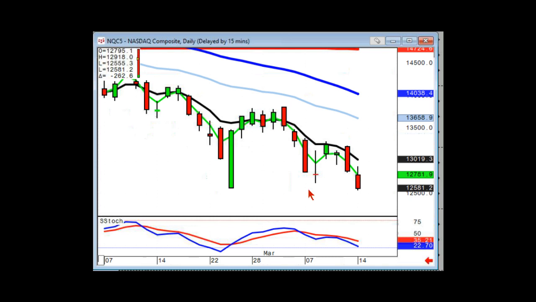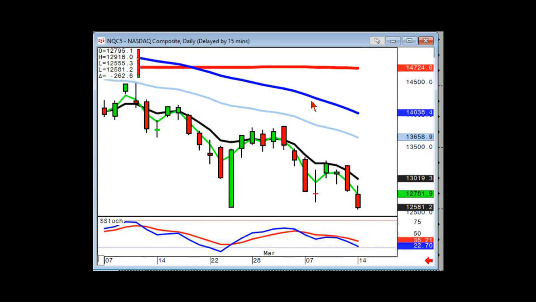It might have to reload to get a better color coming in. So the reason I point this out is, you've got the blue 50-day moving average and the red 200-day simple moving average.